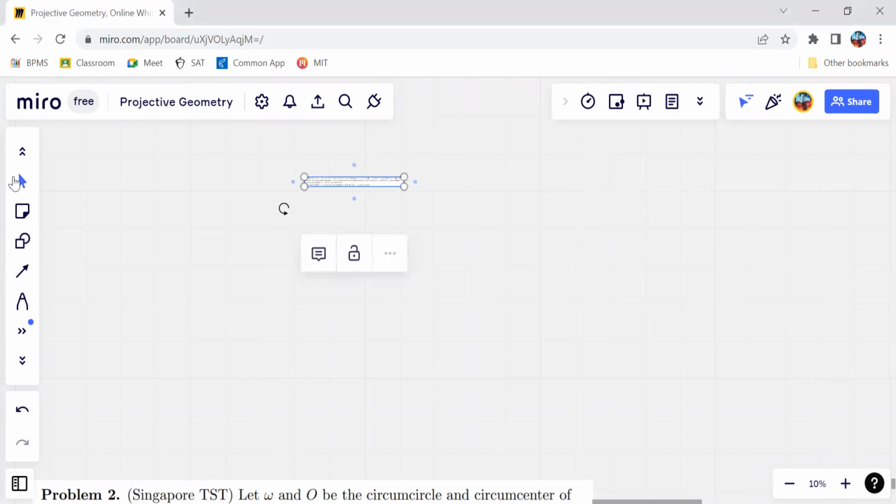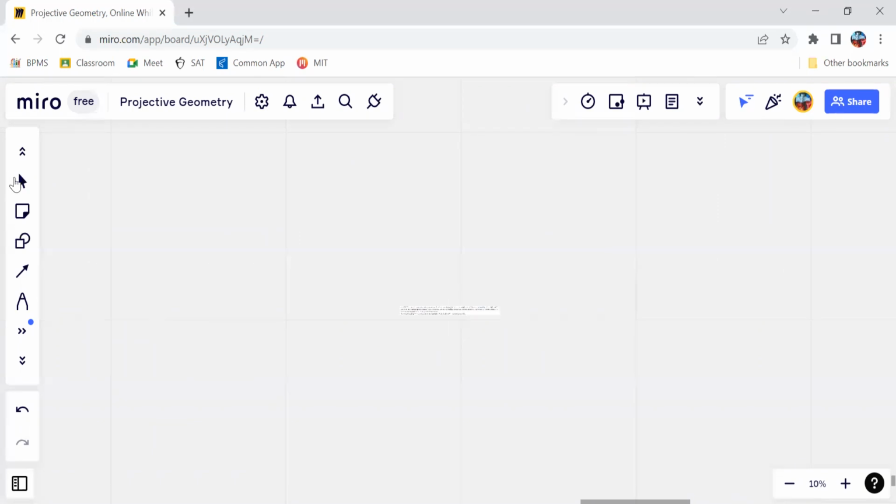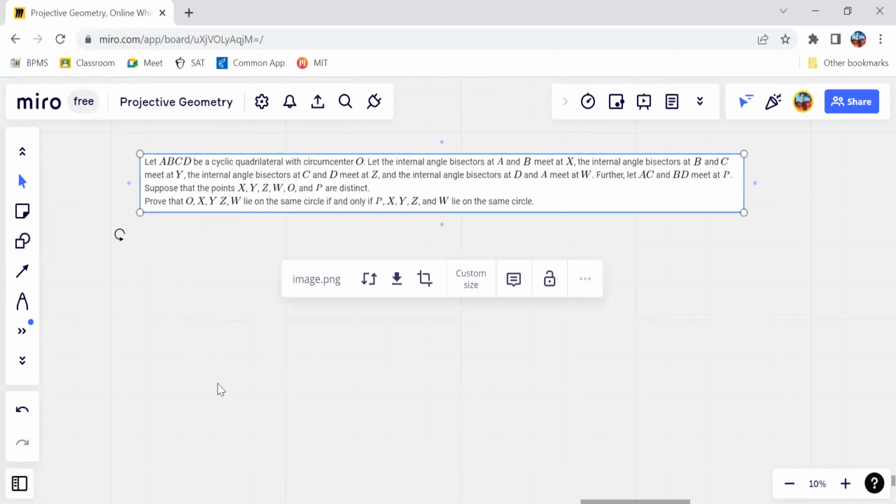Okay, so this problem looks horribly ugly, and I sympathize with you not wanting to do it, but it's actually a nice problem.